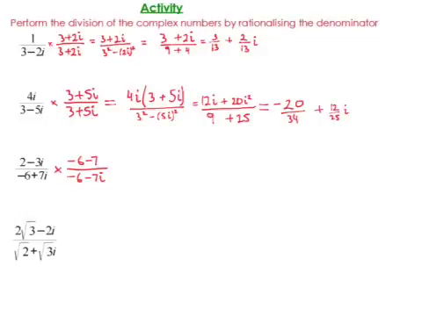Okay, let's try the next one. So multiply by the complex conjugate. This time the negative 6 plus 7i, and the conjugate is negative 6 minus 7i. And this gives us two double bracket expansions to do with our complex numbers.